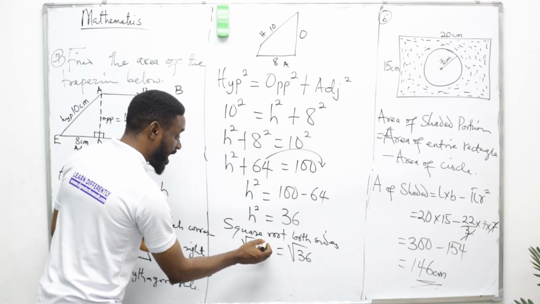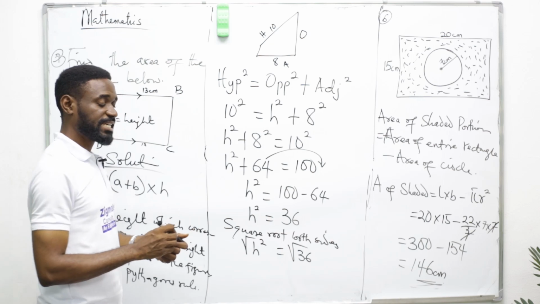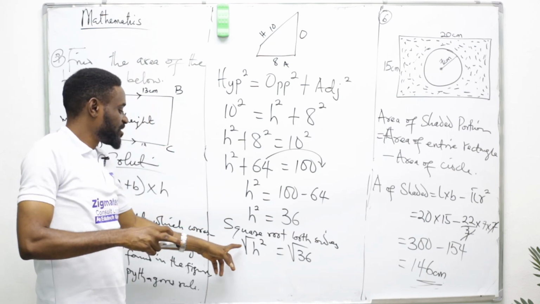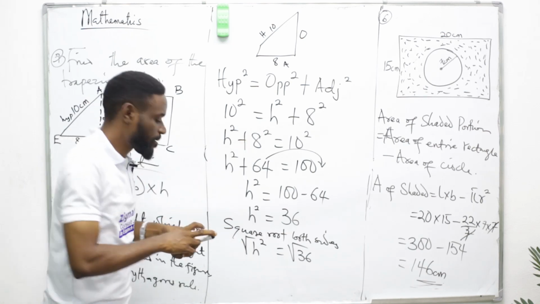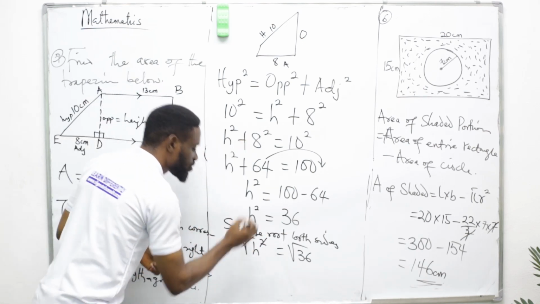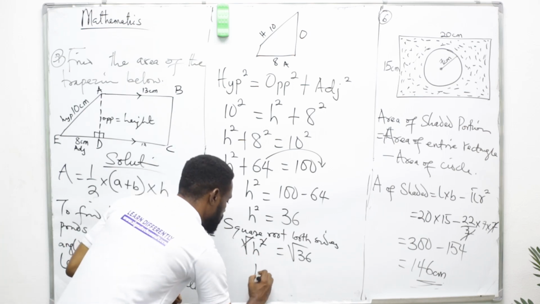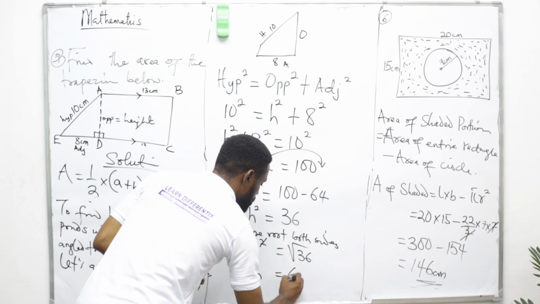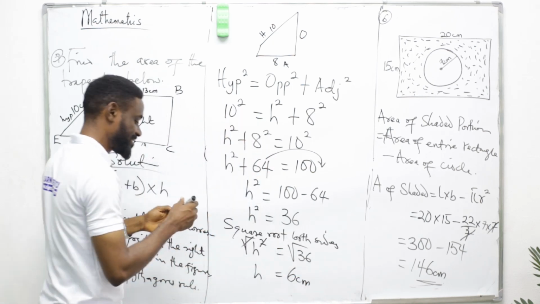Whenever a square root is applied to a square, the square cancels the square root, so that h will be alone. So the square root of 36 is of course 6 cm. So our height is 6 cm.